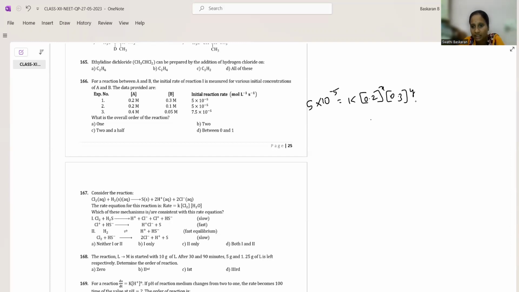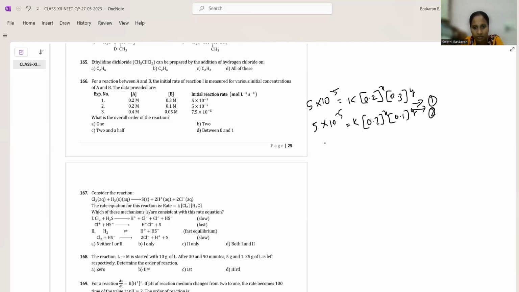Let us say this is equation 1. What is equation 2? Equation 2 is for the concentration of 0.2 molar. The rate is 5 into 10 power minus 5, which is equal to K into concentration of A, 0.2 raised to the power X, and B is 0.1 molar raised to the power Y. So this is equation 2.